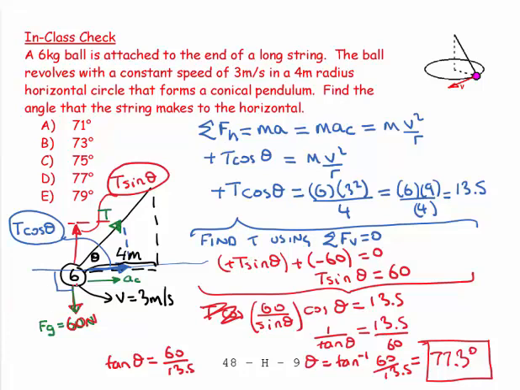I decided to say the sum of the forces vertically equals 0 because there's no acceleration vertically, and found another equation that contained T and theta. Two equations, two unknowns I can solve. So it's longer, it includes trig, but it's the same basic approach.